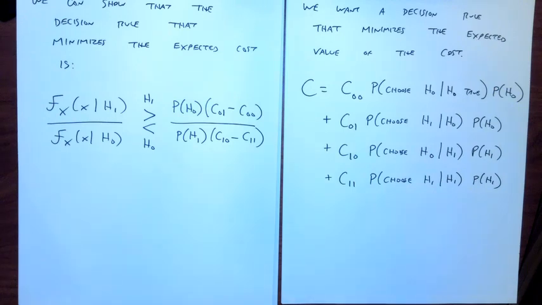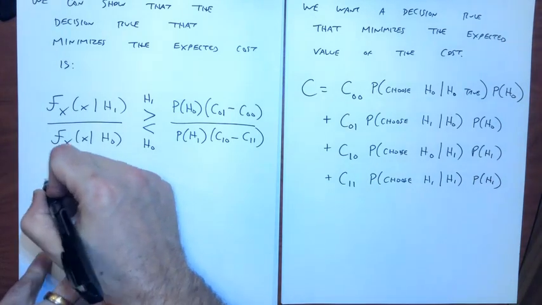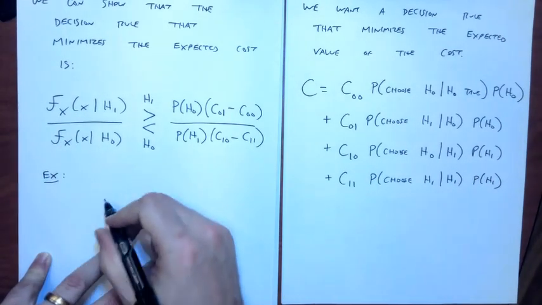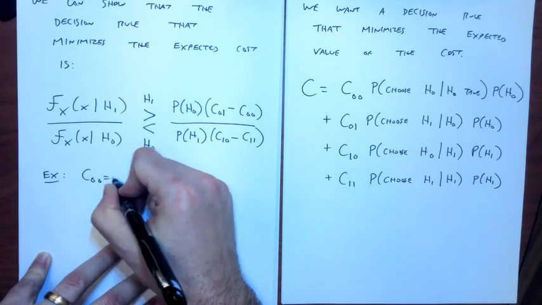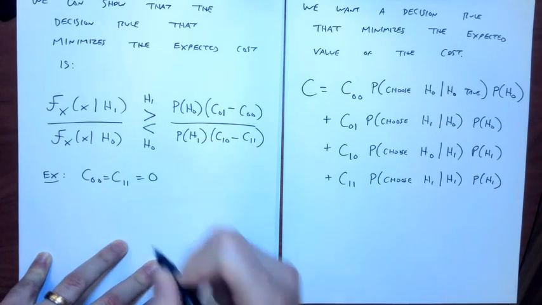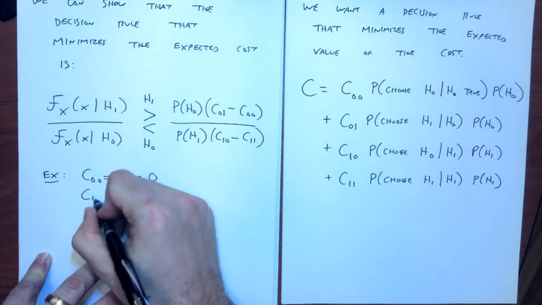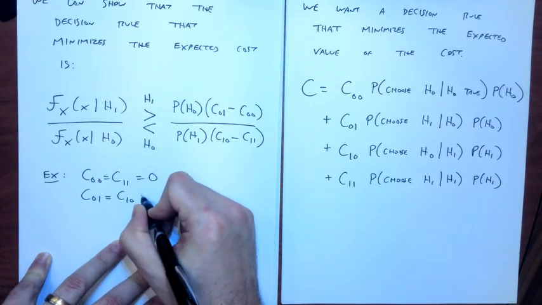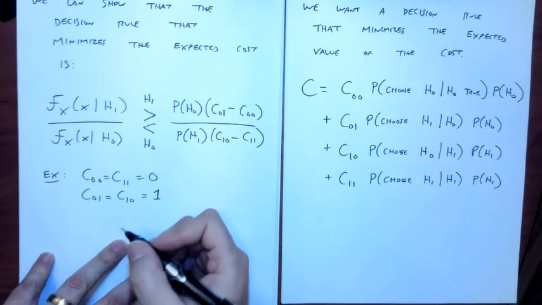Okay. So this is kind of an all-in-one thing. It includes the priors, it includes the costs. And so I could say, suppose I'm in some sort of setup where I don't really have any trade-off between the false alarms and the misses, right? So for example, this will simplify if I say, okay, you get 0 cost for making a right decision, and you get a unit penalty for making the wrong decision.